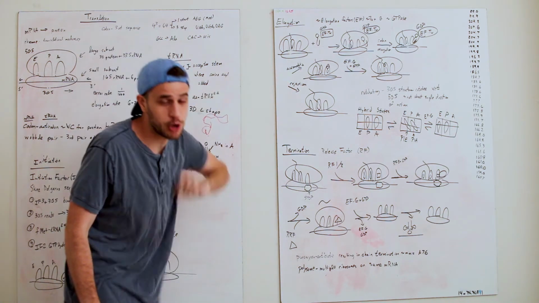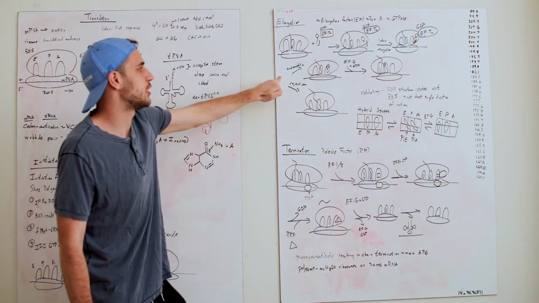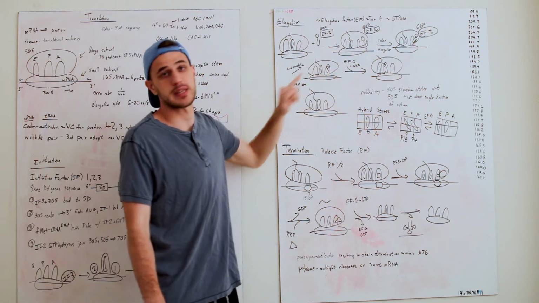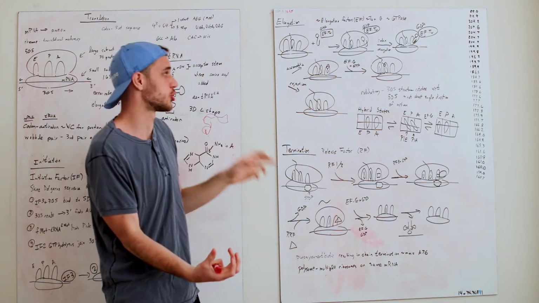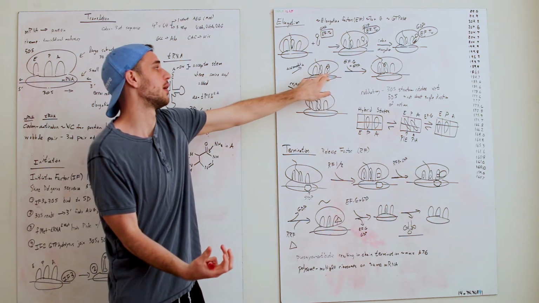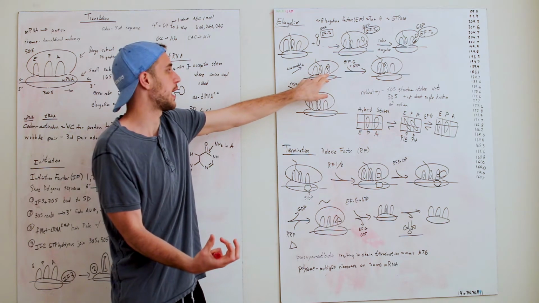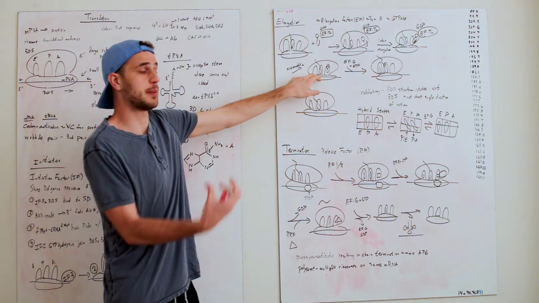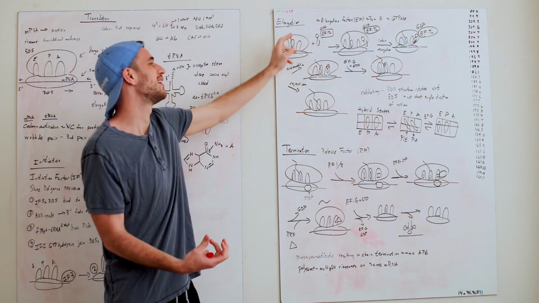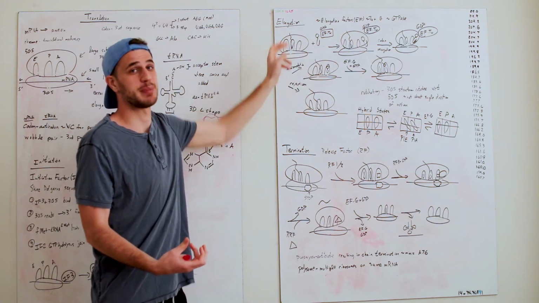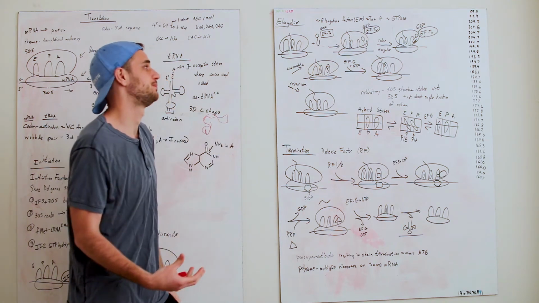And then when things do go right, you have accommodation, such that the tRNA comes in and binds to the cognate structure, and you have an amino acid tRNA in the A site and a tRNA with the nascent peptide chain in the P site.